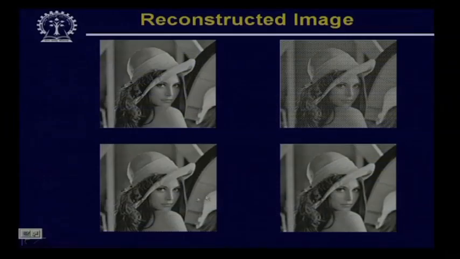So, we have talked about the restoration of images using various operations, and the last one we have discussed is that if we have an image contaminated with periodic noise, then we can do frequency domain operation, employ a band reject filter to remove those frequency components, and then go for inverse filtering to reconstruct the image. Here you find that the quality of the reconstructed images is quite good where we have used this band reject filter in the frequency domain.